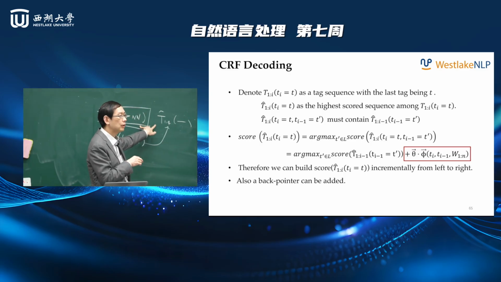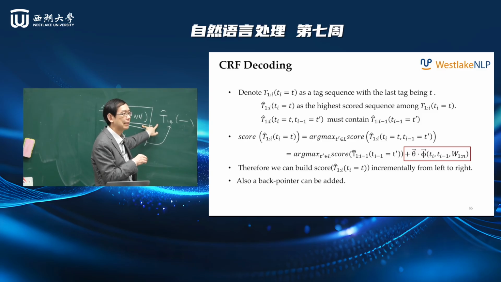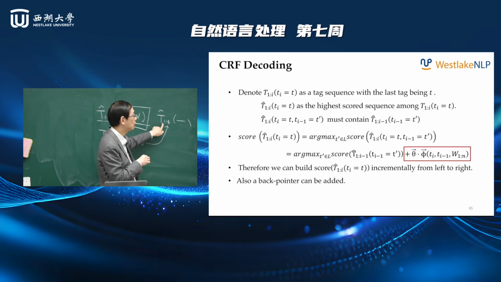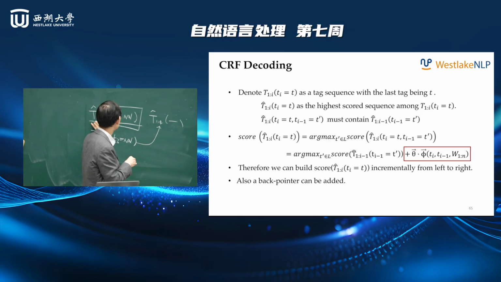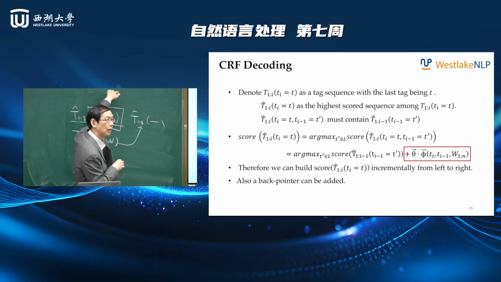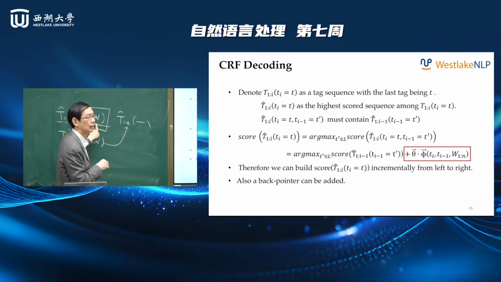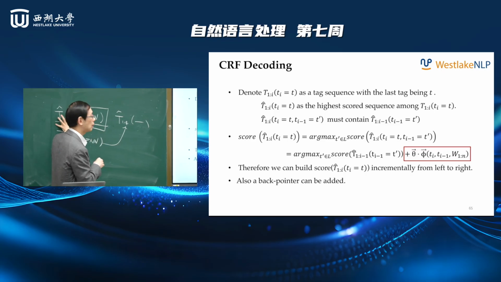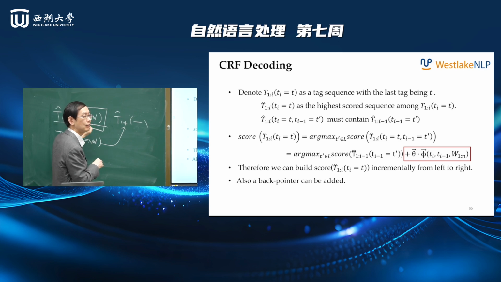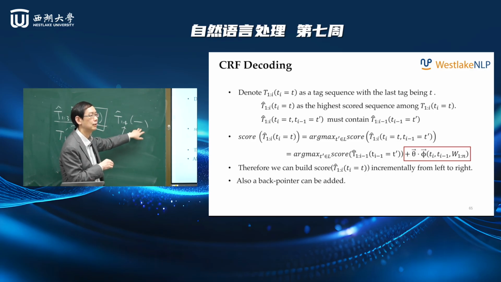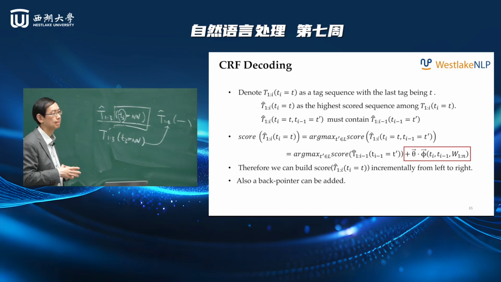The incremental part only concerns 2 consecutive tags, right? So the highest scored T1 to 4 cannot contain a non-optimal T1 to 3, because the incremental part concerns the last tag T3, okay? So if this one is not optimal, why don't we store all possible last tags? T3 is noun, T3 is verb, etc. If everything is stored, then I can rest assured that the best one will come from one of them, at least, right?